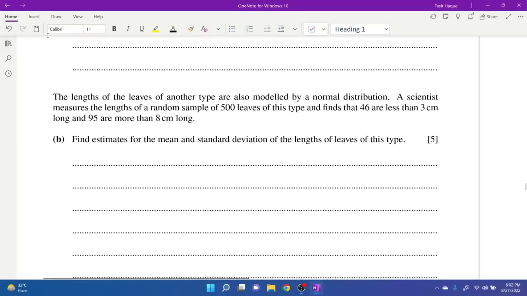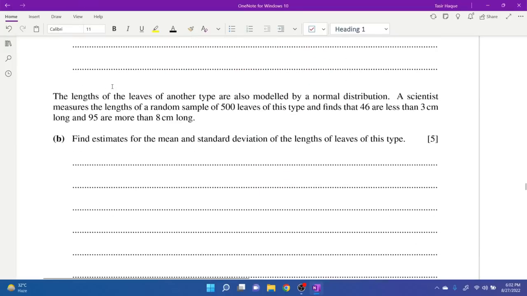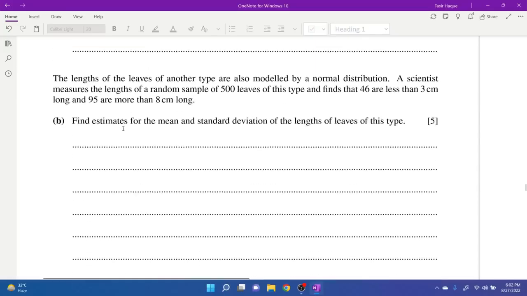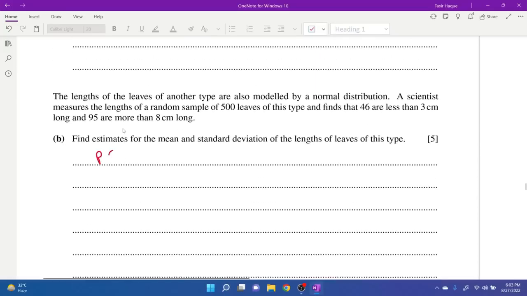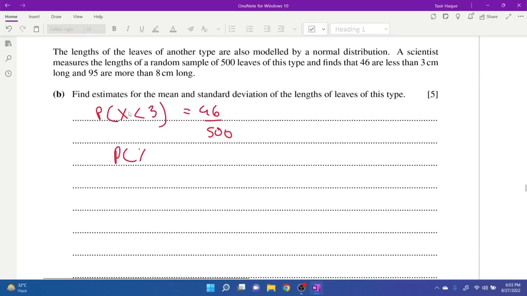Okay, next. The lengths of the leaves of another type are also modeled by a normal distribution. A scientist measures the length of a random sample of 500 leaves of this type and finds that 46 are less than 3 and 95 are more than 8 centimeters long. So P(X < 3) is equal to 46 by 500, which is 0.092.